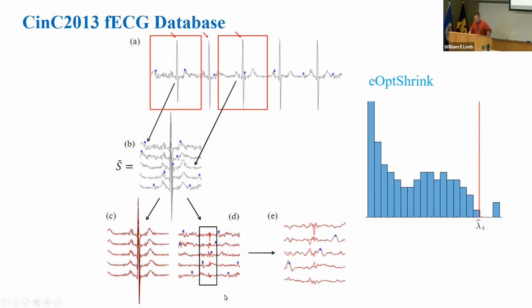And this is the distribution of the noise matrix which contains the fetal ECG and the background noise. And this is our estimator of the bulk edge lambda. You can see our estimator is exactly at the edge of the noise-only data.